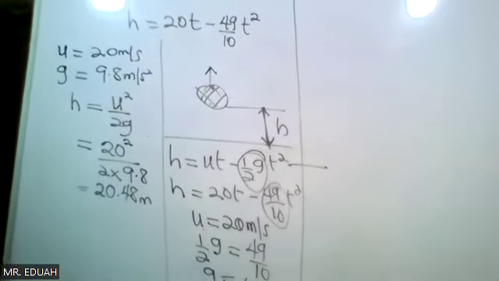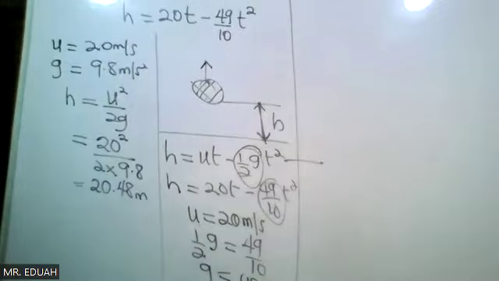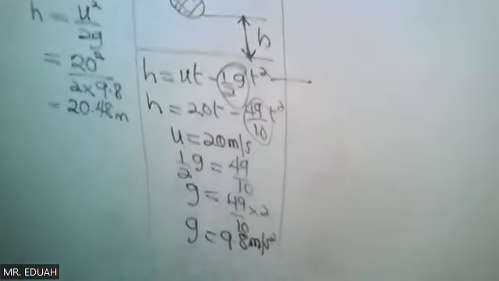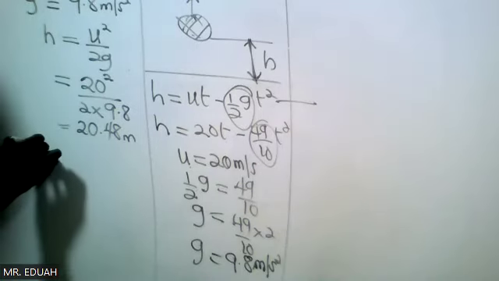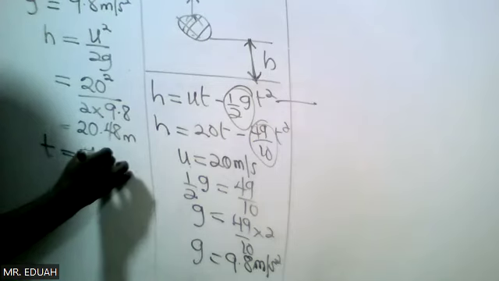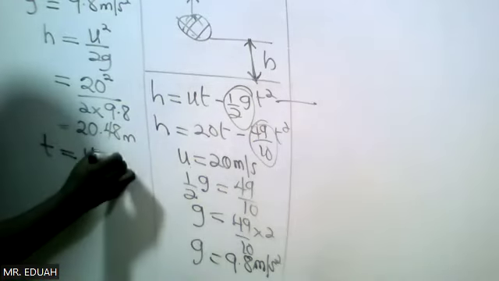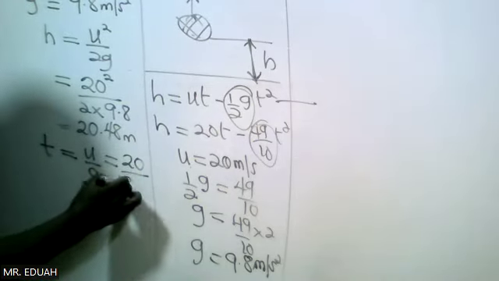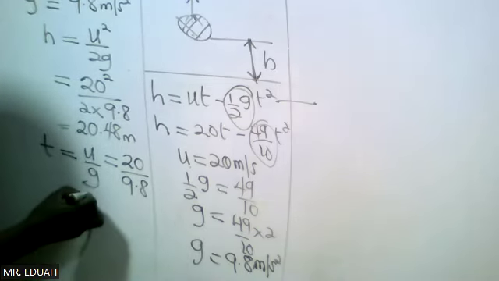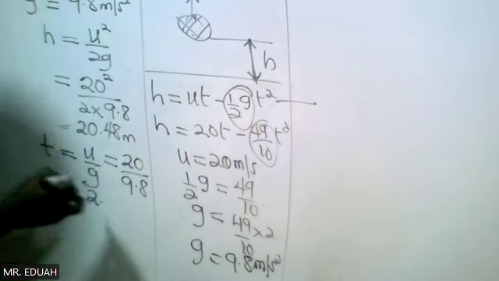Okay, so that is the value of H, the maximum height reached, as demanded by the question. Another way out is that you can also find the time taken to reach the maximum height. T is equal to u over g. You've had u to be 20, g to be 9.8. And so t would be equal to 2 point something.